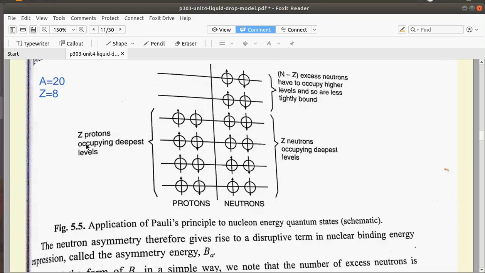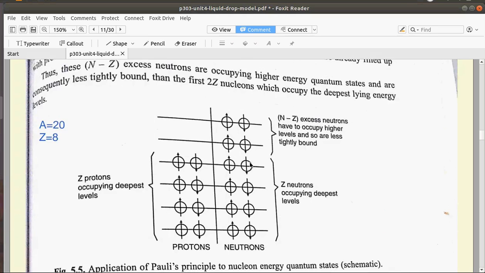Since our system has only 8 protons, these 8 protons are already filled up, and corresponding to these 8 protons we have 8 neutrons available, so these are also filled. But we still have 4 neutrons extra available, so they have to be filled on the upper states of neutrons only.